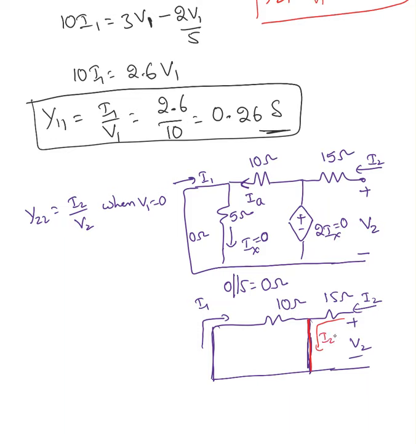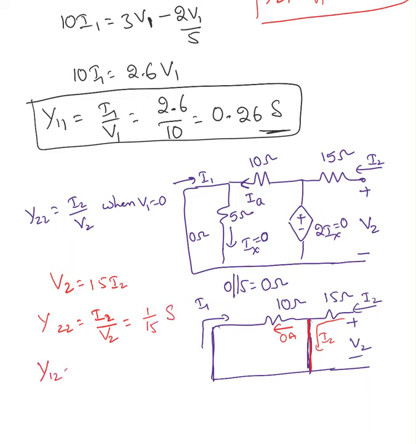So my I2 always goes through the 0 ohm resistor. None of the current is going to go through this, so I can say that's 0 ampere. So I can say here V2 equal to 15 times I2. Y22, we are looking for Y parameters. Y22 equal to I2 over V2, that value is 1 over 15 Siemens.